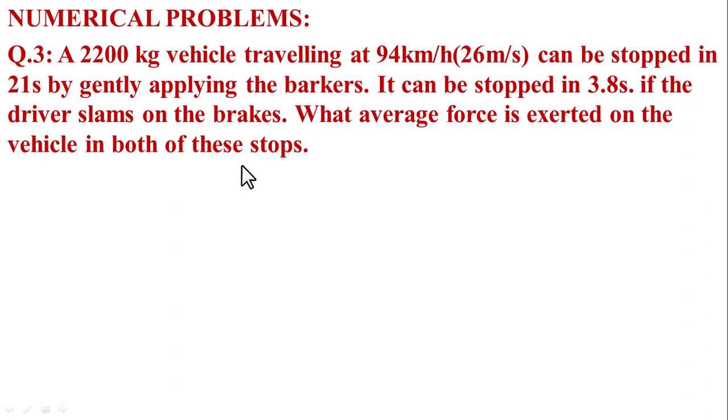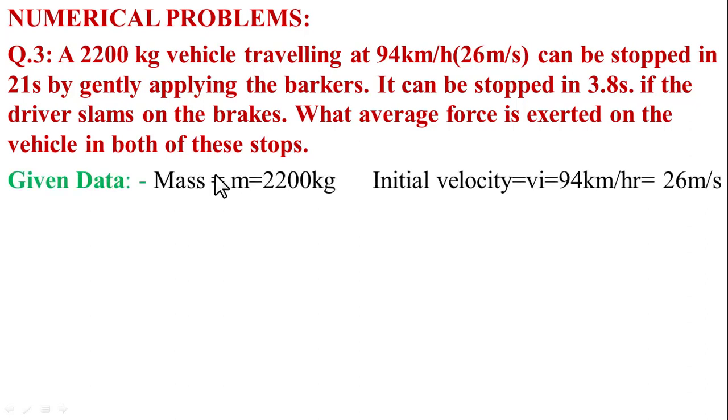So first of all, according to the given statement, we can write the given data, then we can calculate the required value. In the given data, mass m is equal to 2200 kg and initial velocity vi is equal to 94 km per hour, which is equal to 26 meter per second.